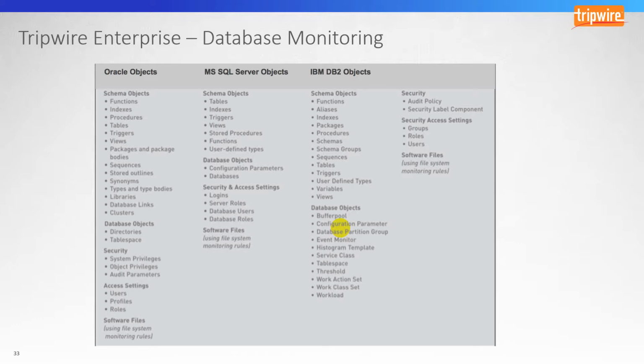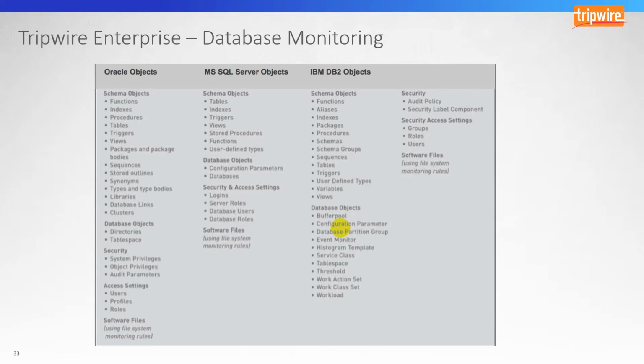Tripwire can give you the ability to monitor the changes happening in the schema objects, the database objects, the security objects, and the access settings. All of these across Oracle, SQL, or IBM DB2 give customers the ability to show the differentiation between the old configuration and the new configuration.